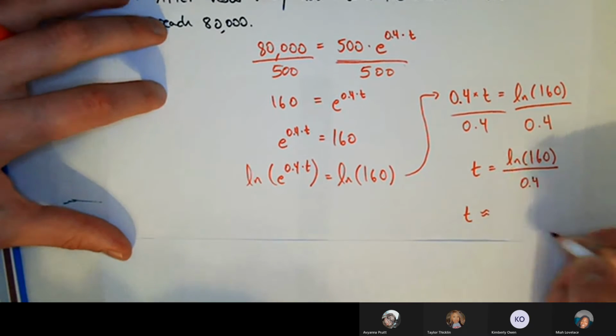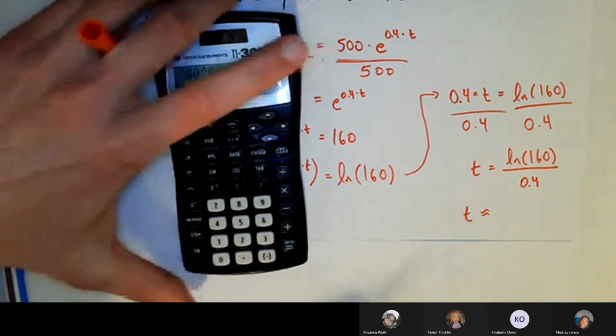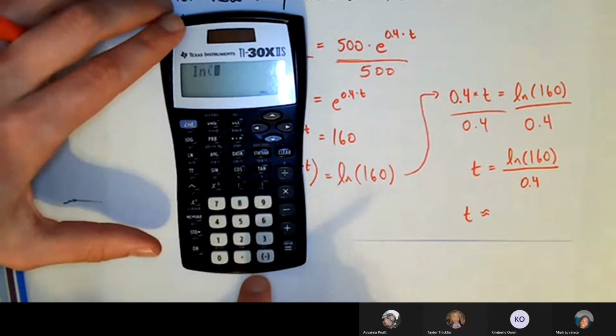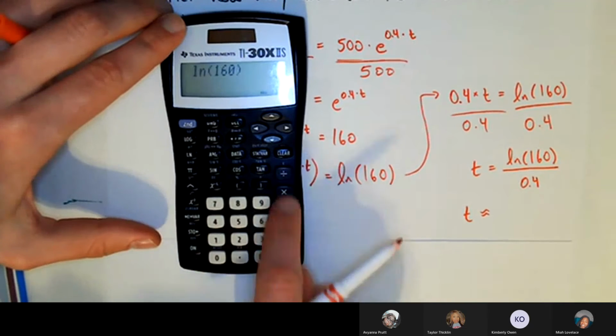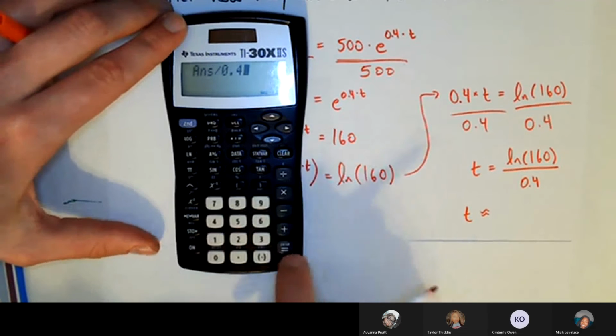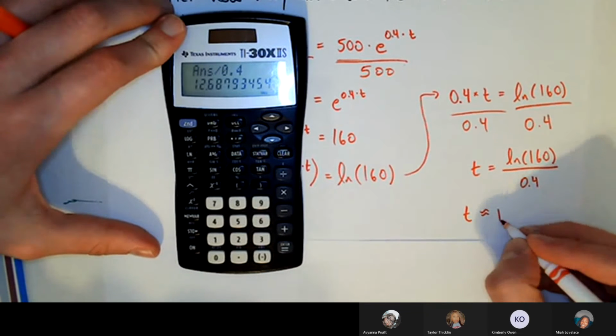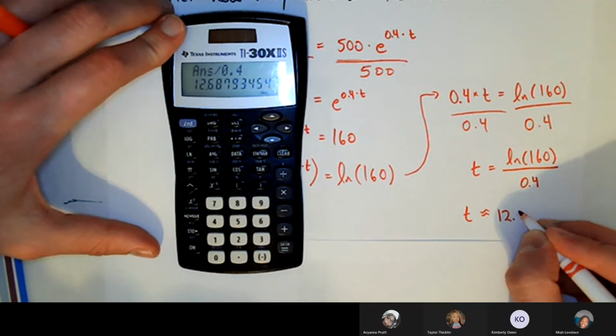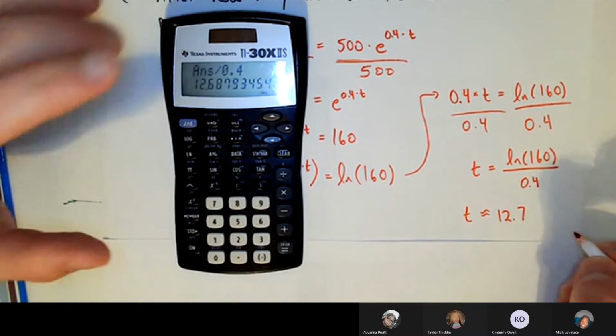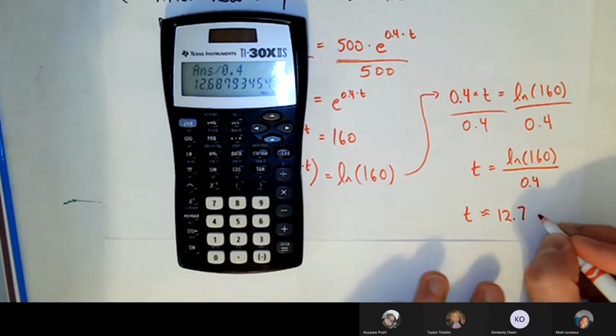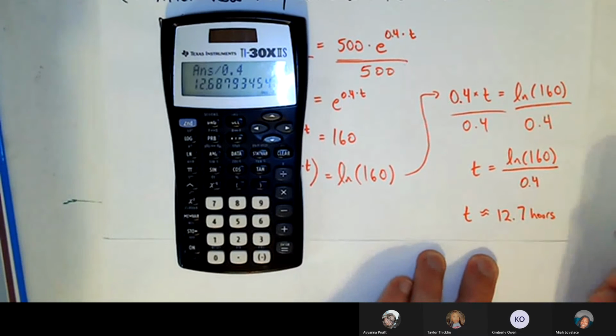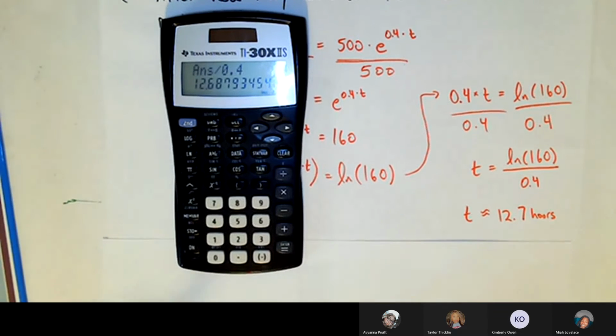You're going to want to say, well, that's approximately, and then you would say, so ln of 160 divided by 0.4, I'll just say 12.7 hours, right? That's how time has been measured in this problem, in hours. There we go.